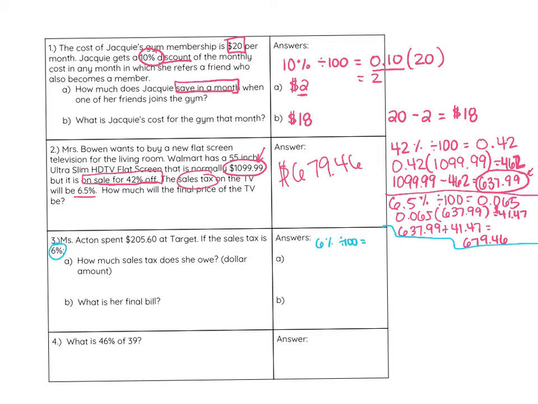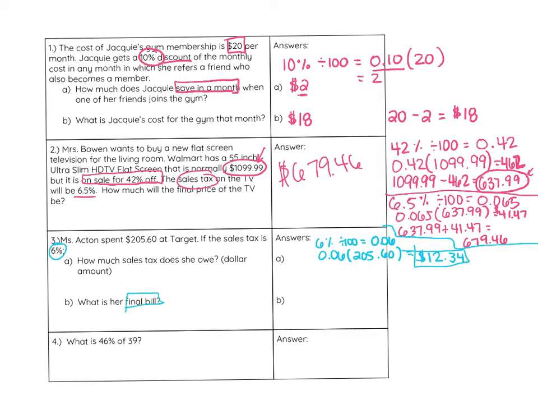So divide that, you get 0.06, then multiply 0.06 times 205.60, and you get $12.34. Okay, so that's how much she owes in sales tax.